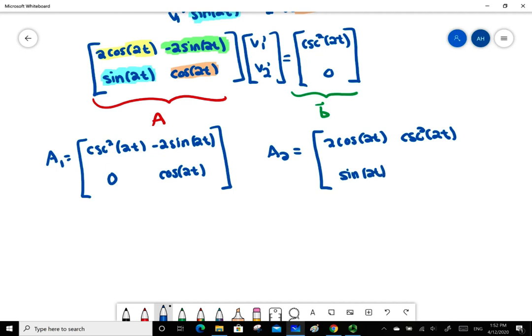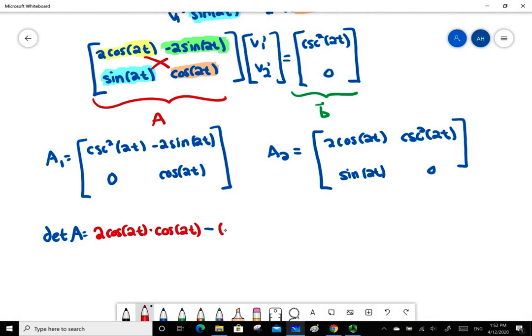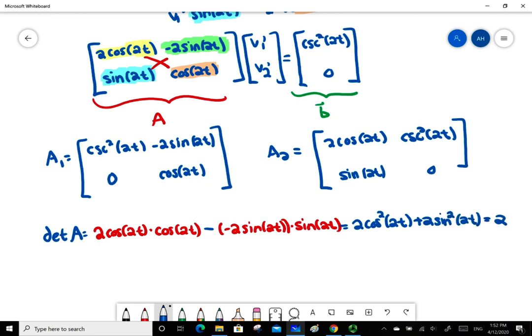The determinant of A is 2 cos 2t times cos 2t minus -2 sin 2t times sin 2t, which equals 2cos²(2t) + 2sin²(2t), which equals 2.